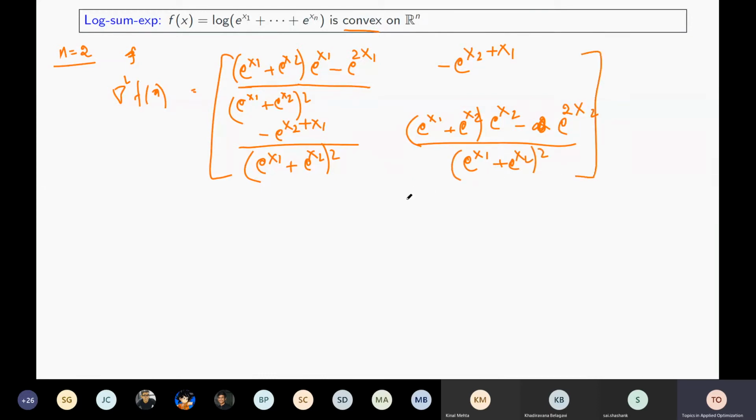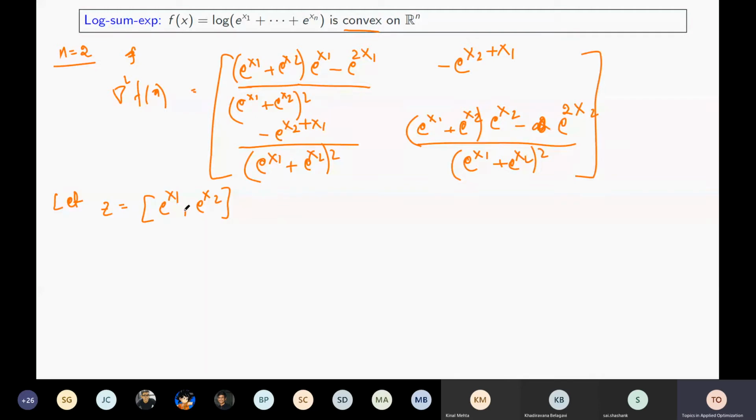So we have written down the Hessian. Now let us define z as a vector like this, e^x1 comma e^x2, so that we can compactly write these things.